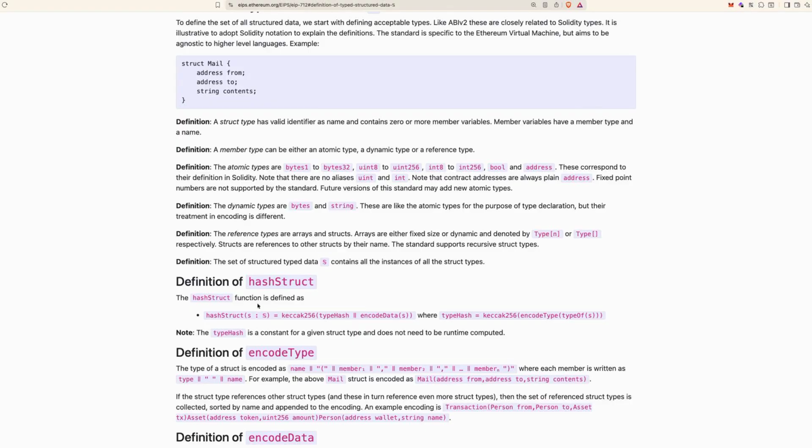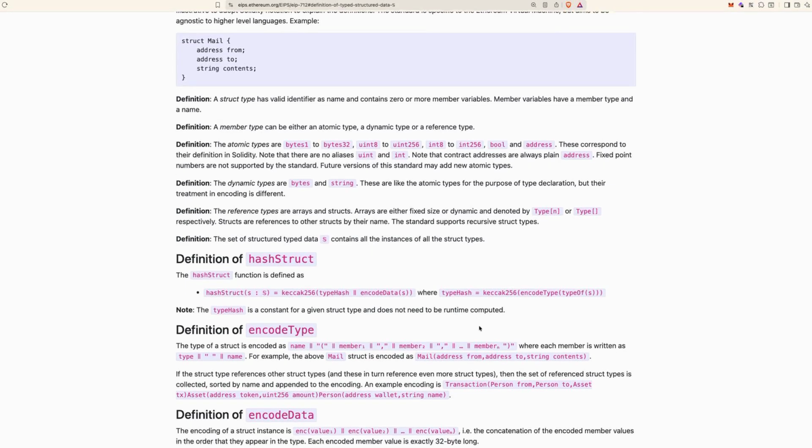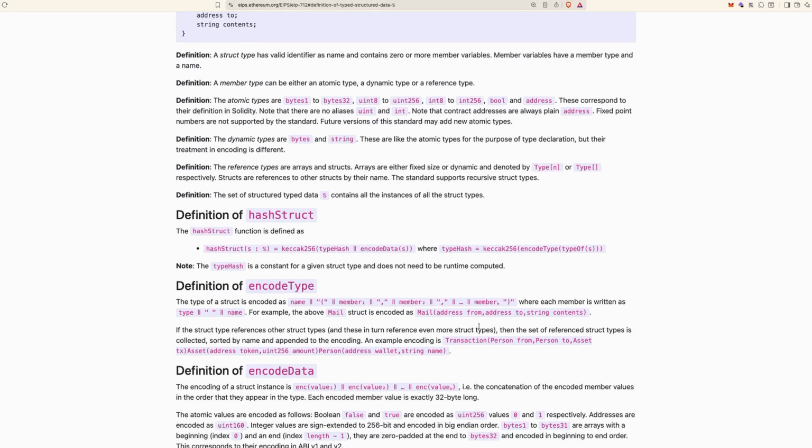What is hashStruct? The hashStruct function is defined as the hash of typeHash with the encodeData. The typeHash is a constant for a given struct type and does not need to be runtime computed. Okay.